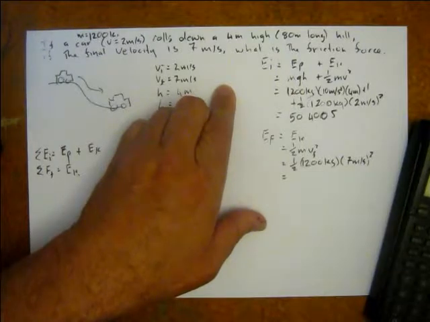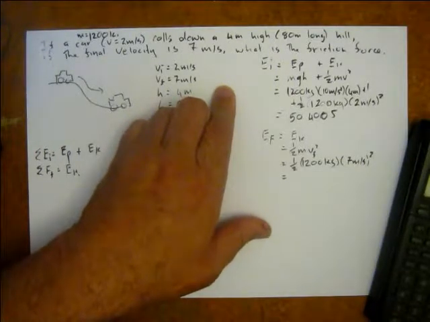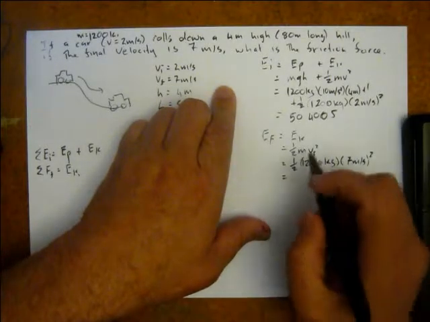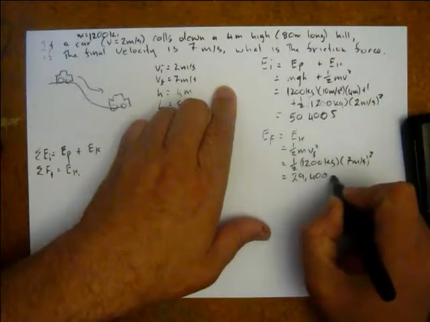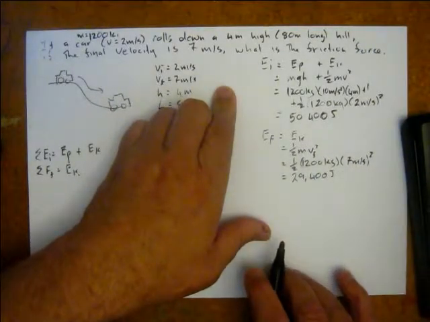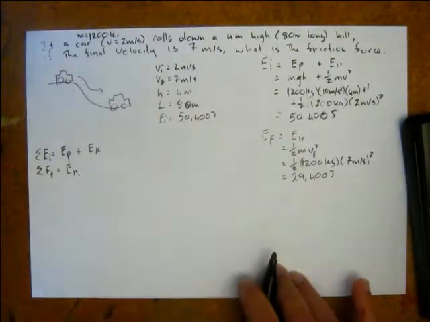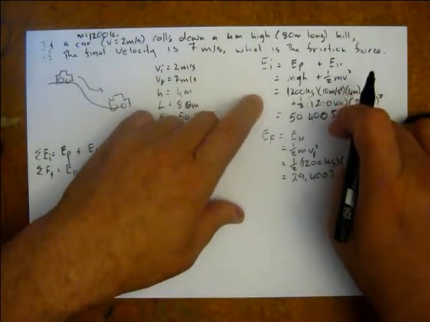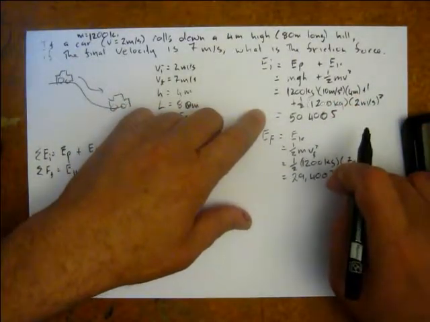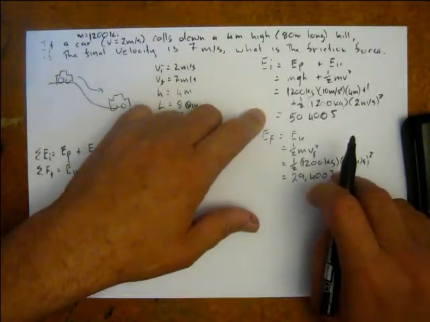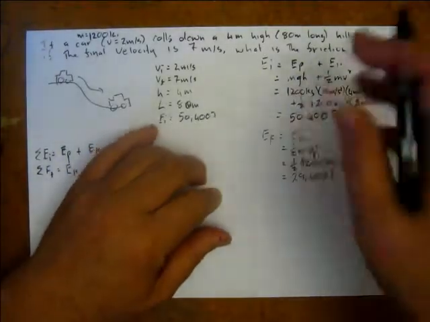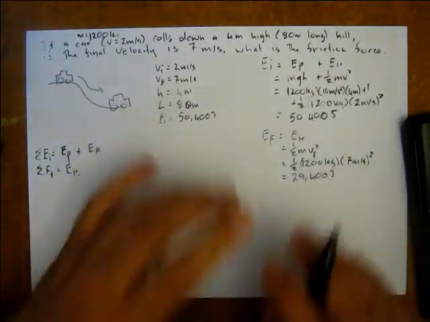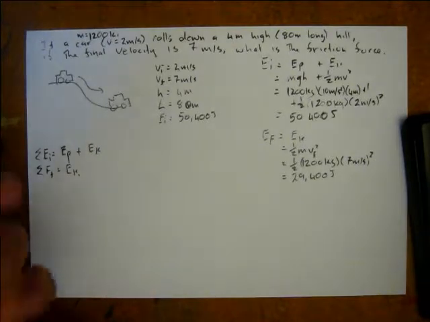So that's going to equal half 1200 times 7 squared equals 29,400 joules. Hold on, something's gone interesting here. We started with that, we ended up with that, so we've suddenly lost 21,000 joules of energy. But according to conservation of energy, we should have the same energy. What happened to that energy?